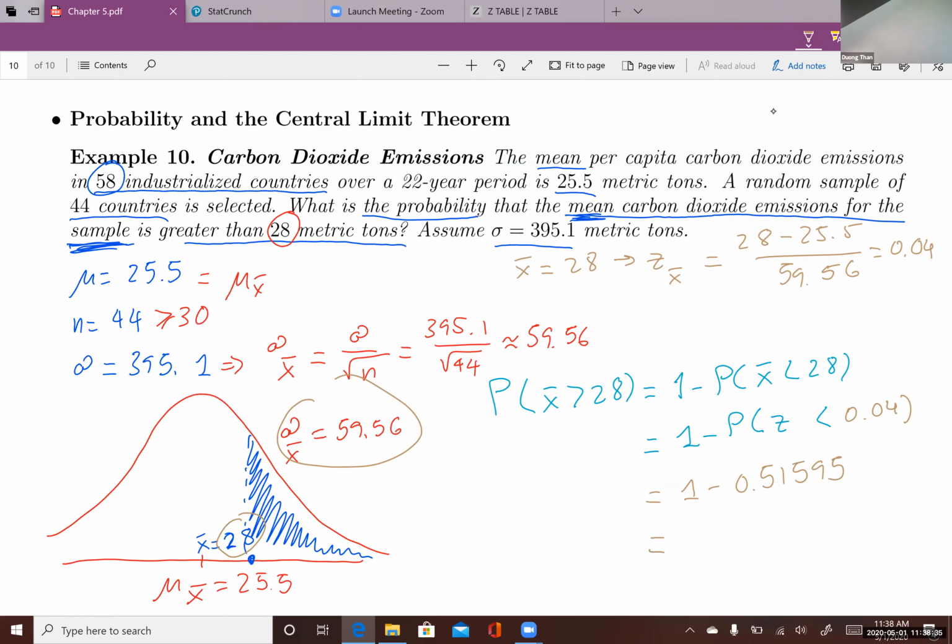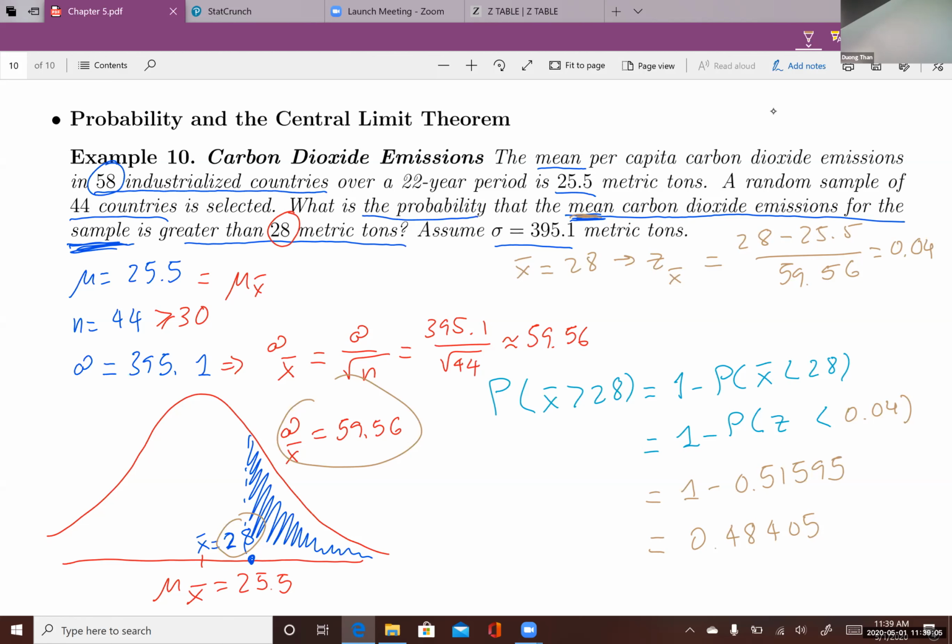And thus we get 0.48405, which is the probability that the mean carbon dioxide emissions of the sample of these 44 countries is greater than 28, about 48.4%, right?